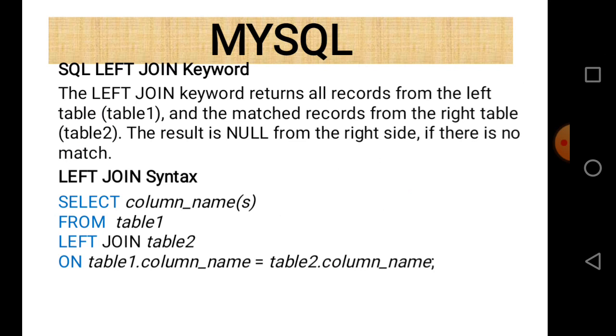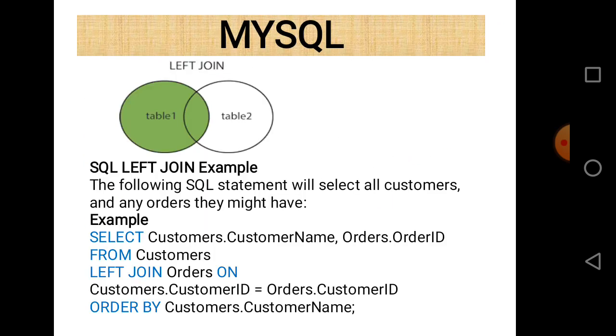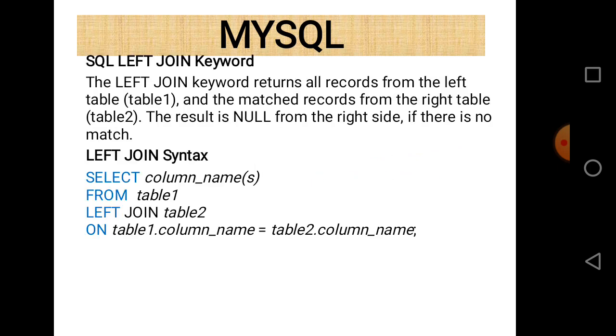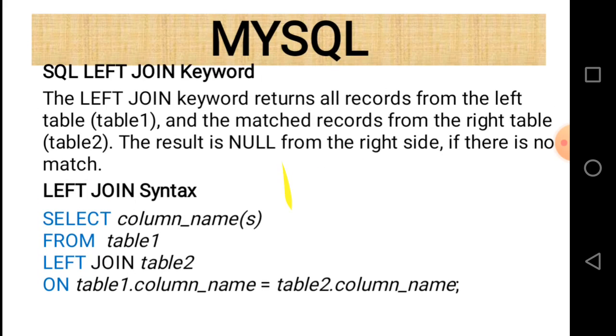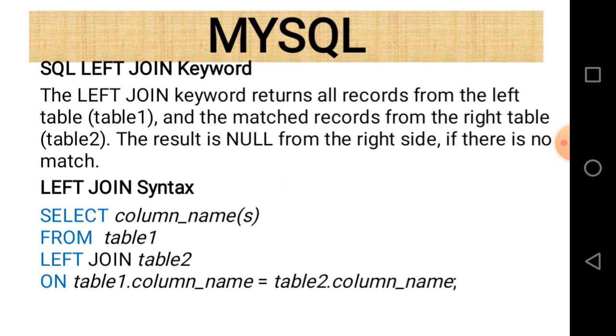So the left join keyword returns all records from the left table. It means the first table, which as far as the example is concerned is customers, and the second table is orders. We will discuss the diagram later on.